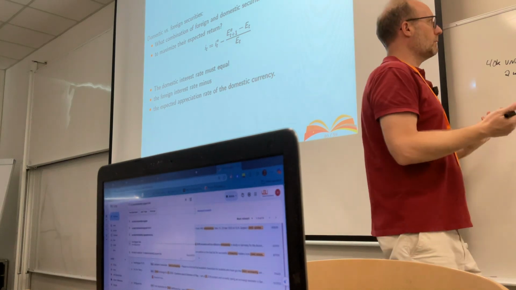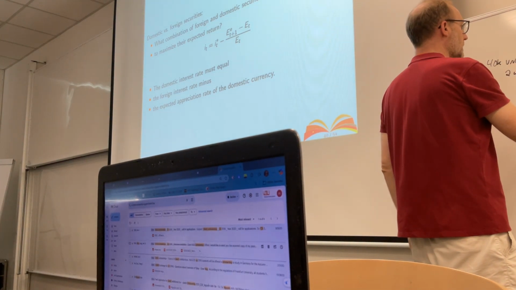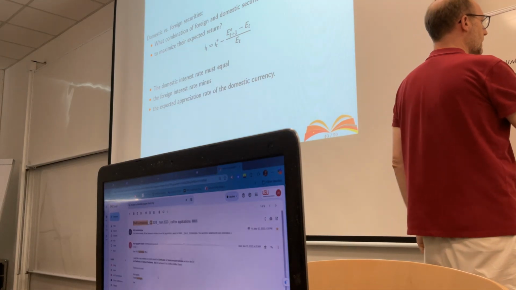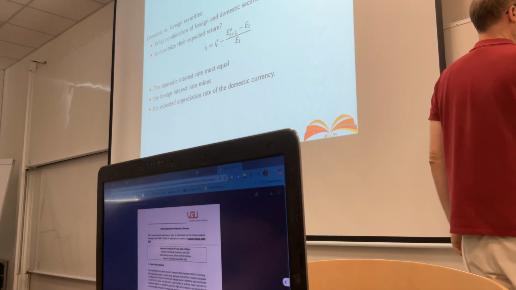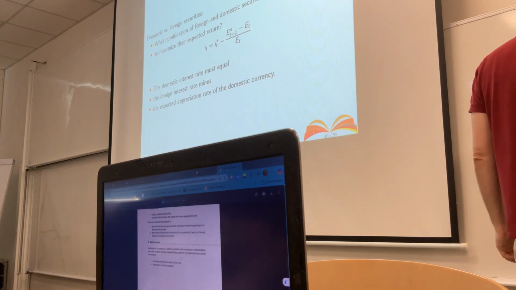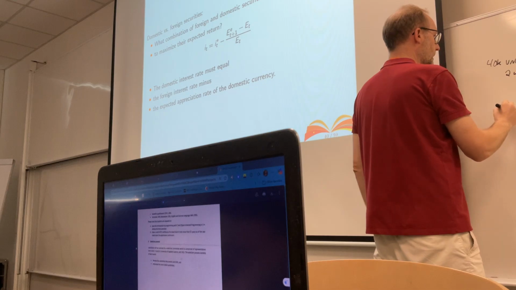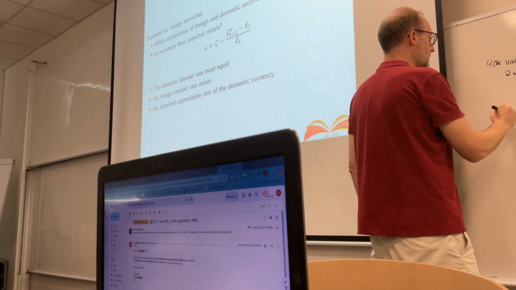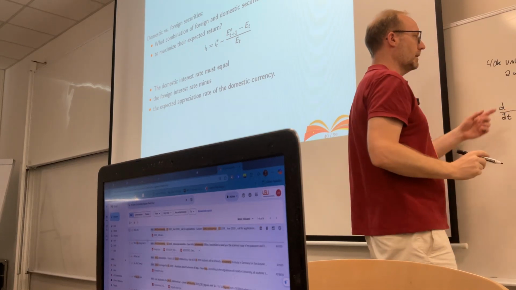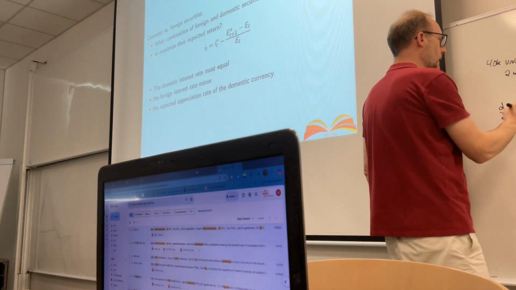If we take the log, the log of M plus the log of V equals the log of P plus the log of Y. If we calculate the derivative with respect to time, log changes become rates.